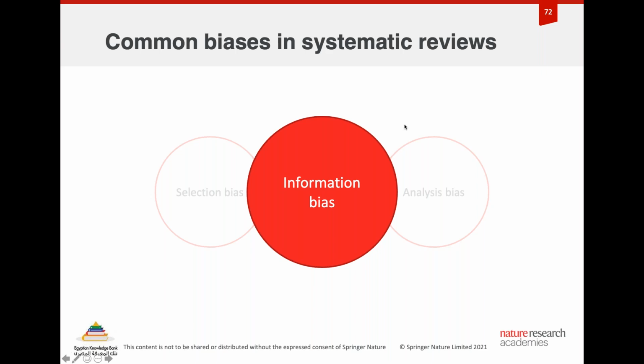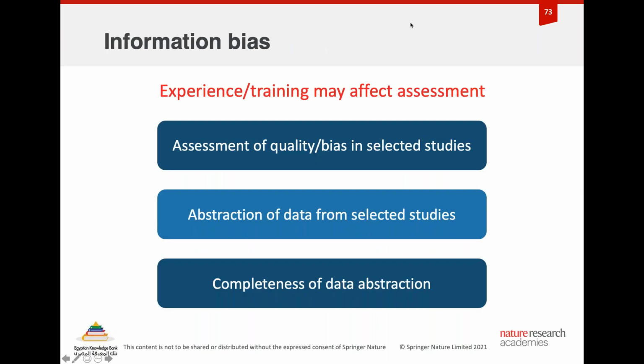Now this is related to the people conducting that systematic review. It gets back to the last question in the Q&A session: what do you bring to that group that will ensure that that systematic review is going to be conducted properly and thoroughly? So experience and training could potentially affect how that systematic review is going to be conducted.